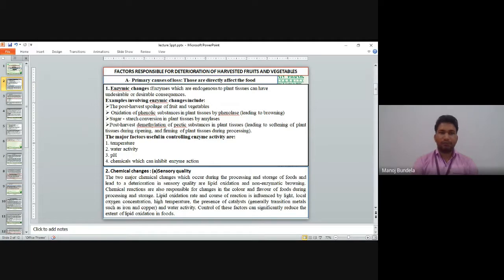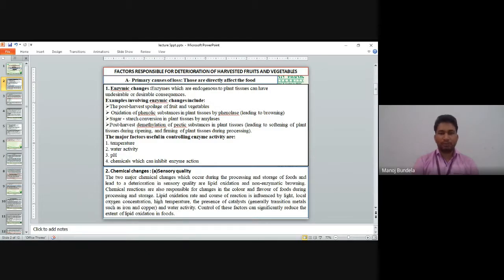Primary causes of losses are those that directly affect the food, like enzymatic changes. Enzymes which are present in plant tissue can have undesirable or desirable consequences. Examples involved in enzymatic changes include the post-harvest spoilage of fruits and vegetables, meaning due to the change in enzyme activities, fruit harvest losses will occur.